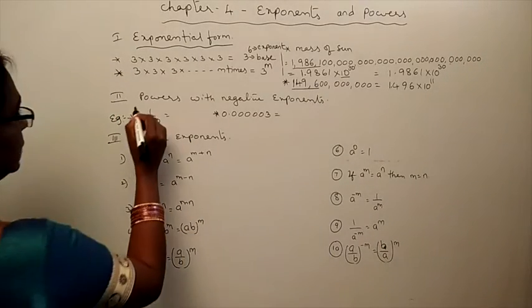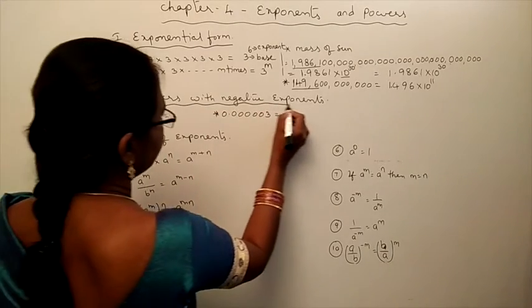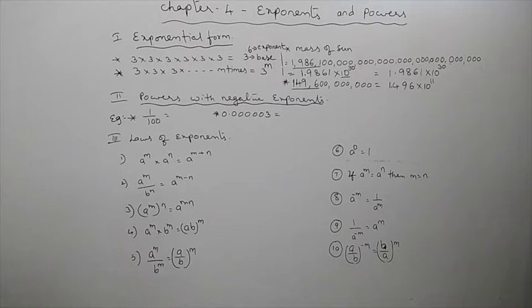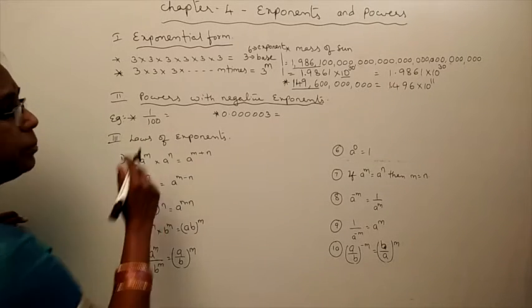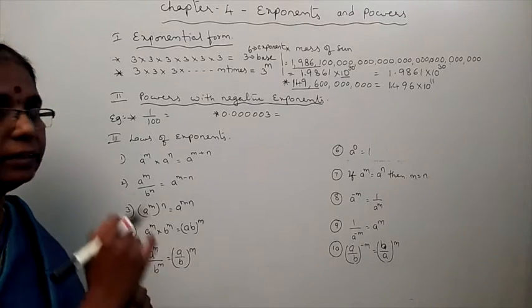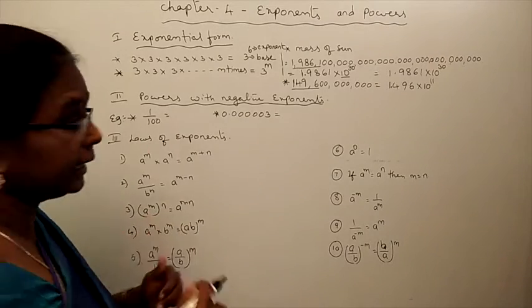Now, second one, powers with negative exponents. Negative exponent means when you write the denominator's power as a numerator, we write it as negative.